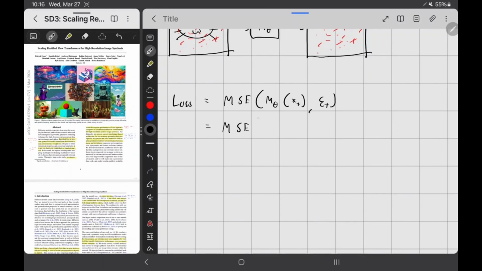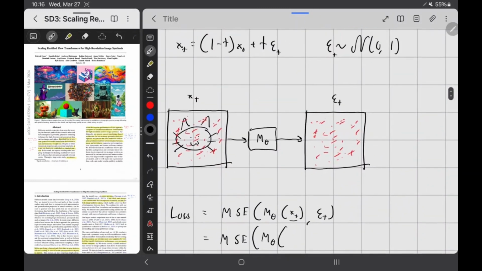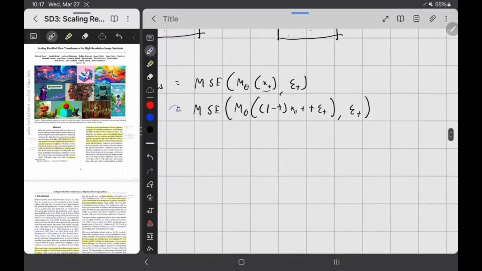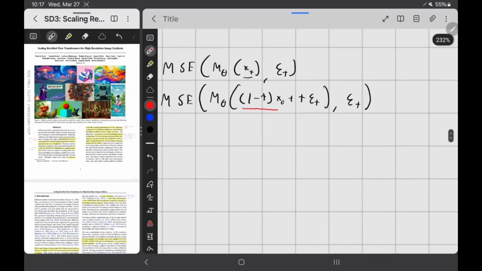I think it becomes evident what the model is doing if I expand this term here. m theta of (1 minus t) x0 plus t epsilon t, and epsilon t here. So the mean squared error between these two terms. All the model is doing is learning to remove the signal and just give you the noise. So given the time step, it just removes the signal from here. So it's a deterministic process.